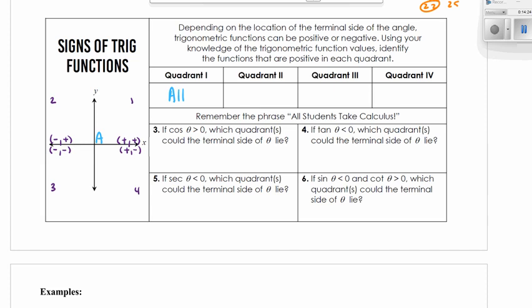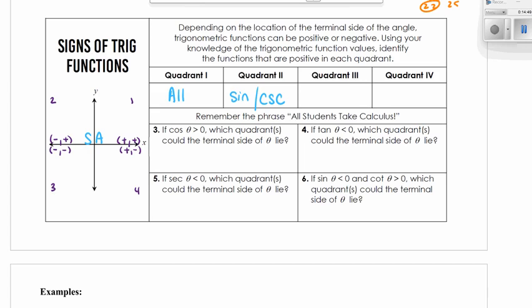Then in the second quadrant, x is cosine and y is sine. So my x is negative, so my cosine is negative, but my sine is positive. So in quadrant 2, sine is going to be positive and its reciprocal function, cosecant. So in this one, we're going to use S to stand for sine and its reciprocal.